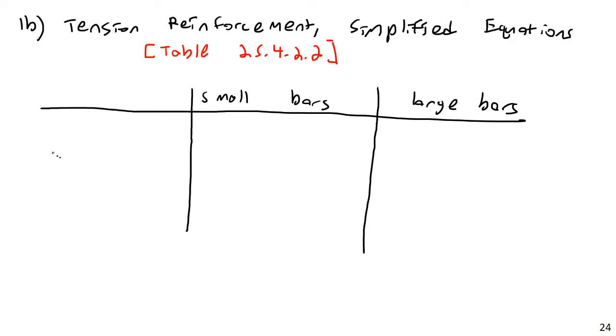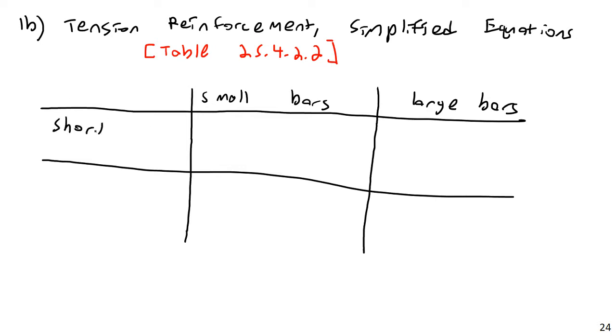Small bars, large bars. And then for this case, I could call this a short LD case, where we're allowed to use a shorter development length, and a longer development length case, the long development length case.